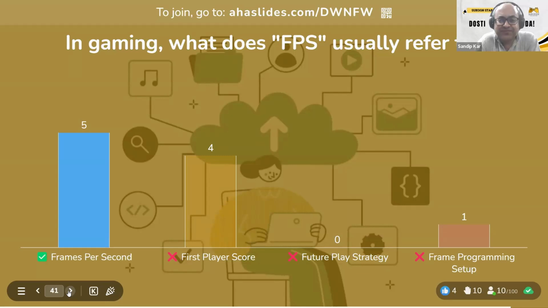FPS is not a registered acronym. Frames per second, absolutely. Even frame programming setup, it could be. The conventional understanding is that FPS stands for frames per second.